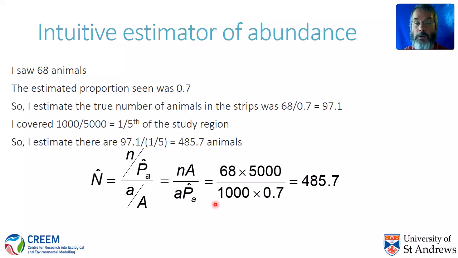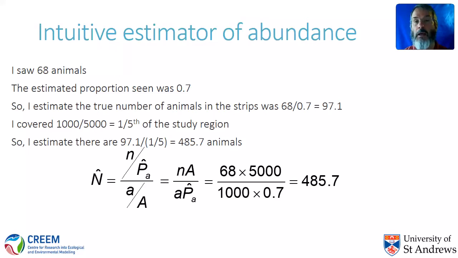Replacing all of these variables in this expression with the values that we saw in our study allows us to reproduce this formula that says our estimate of population size, given what we know, was 485, 486.